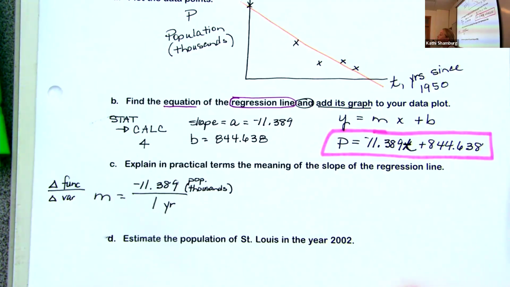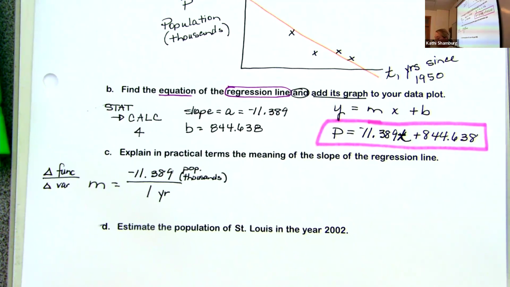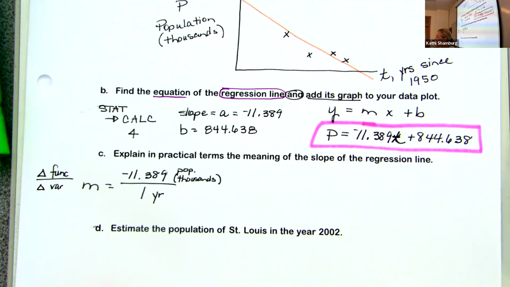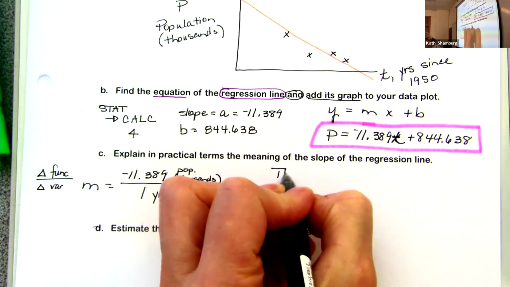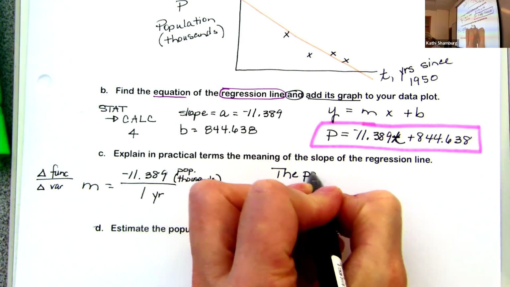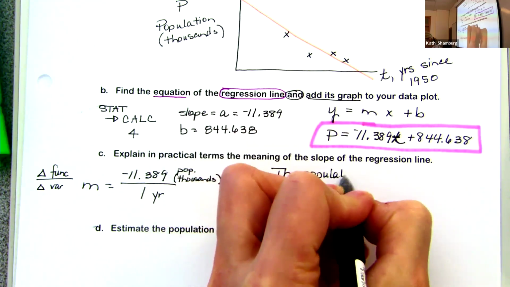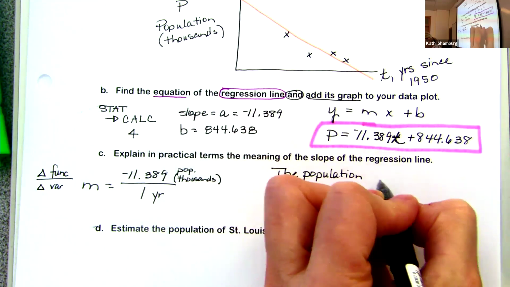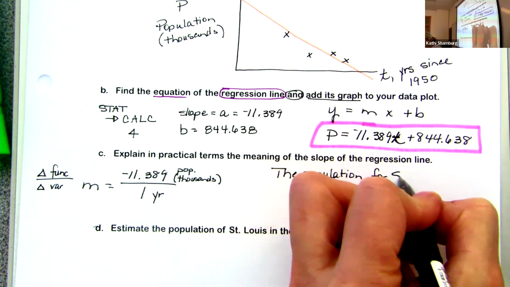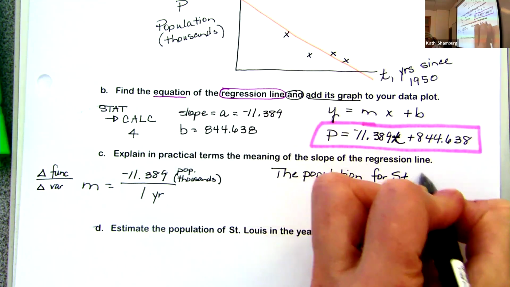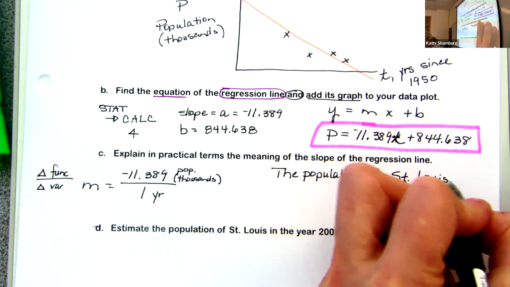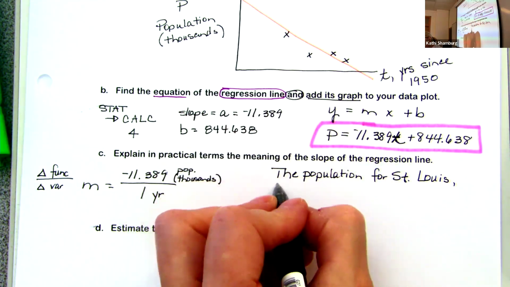All right. So now that I took the time to do that, it makes the explain hopefully a little bit easier. So we're always explaining the function. And in this case, the function is the population, right? So the population, and it's actually the population for St. Louis, Missouri.